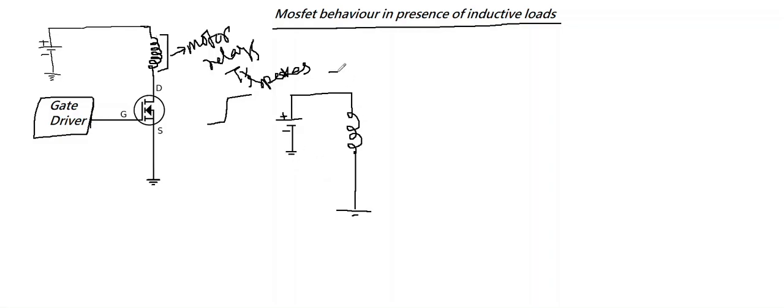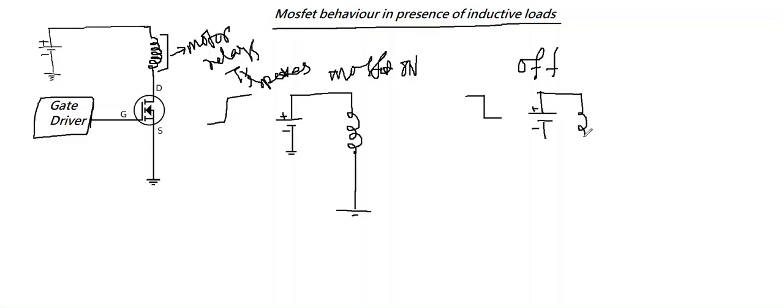So this is when the MOSFET is on, and when the MOSFET is off, it means you give a negative or low pulse, and then the MOSFET is turned off and your equivalent circuit becomes this inductor, and then here is an open circuit.